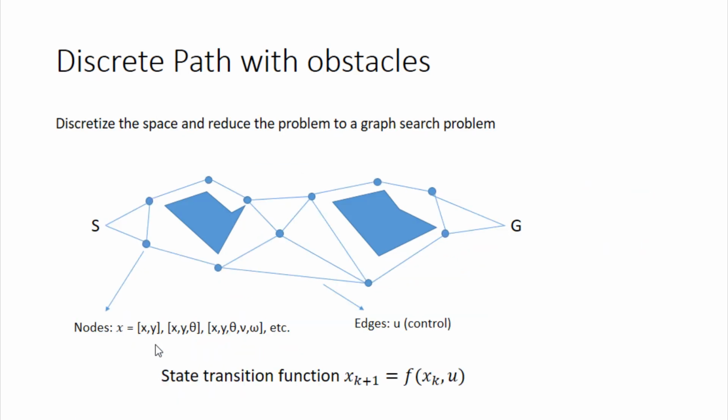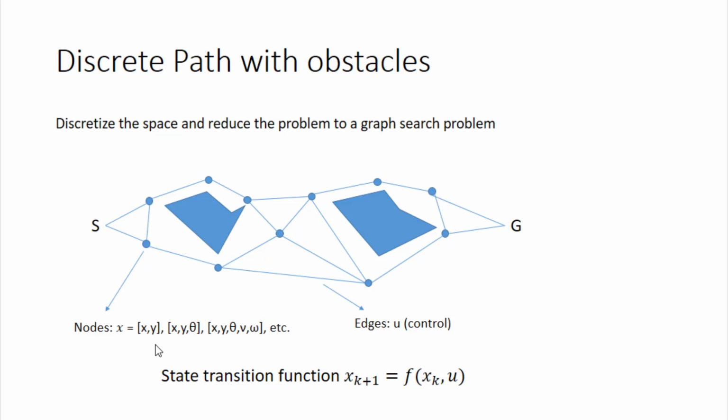So the solution to this is that we discretize the space, and then we reduce the problem to a graph search problem. So here we have this graph that goes around these obstacles and leads us from S to G, and the nodes are going to be the states of the robot. So it can be X, Y, it could also be X, Y, theta, so we could consider the orientation in here. We could also consider the dynamic information.